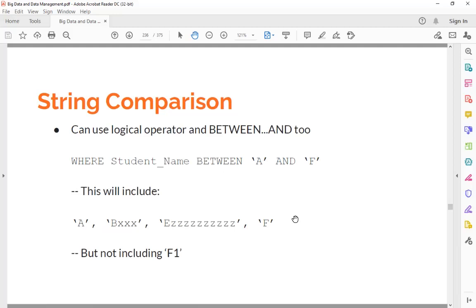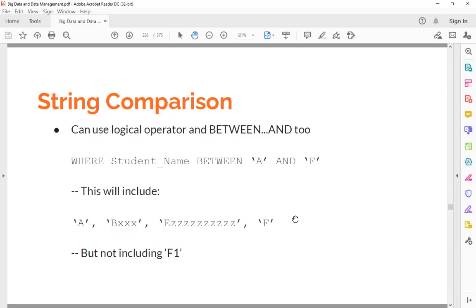Now, there's a lot of common ground between string comparison and other normal comparison. You can use logical operators and, or, not. You can use between and. Now, one thing to pay attention to for between and is that the end value is the upper limit of where your string can go.